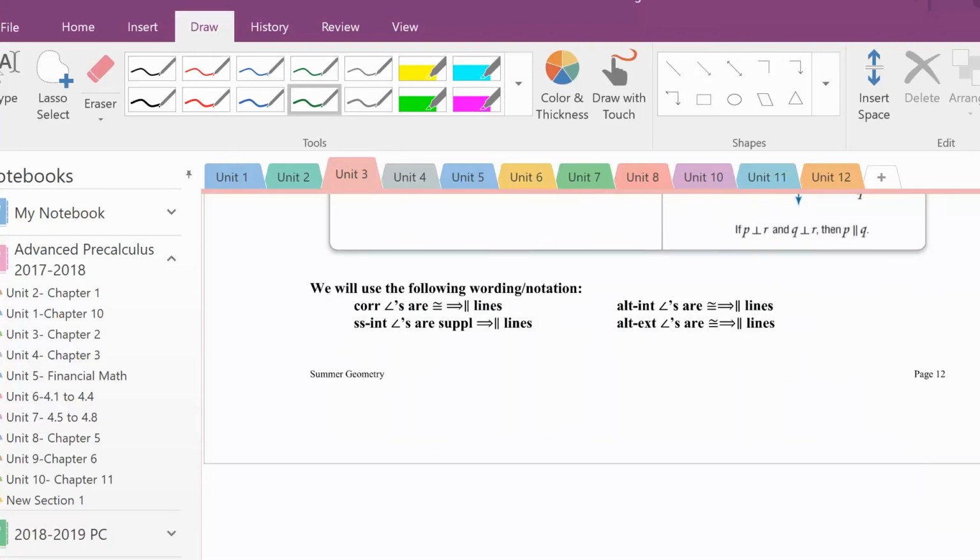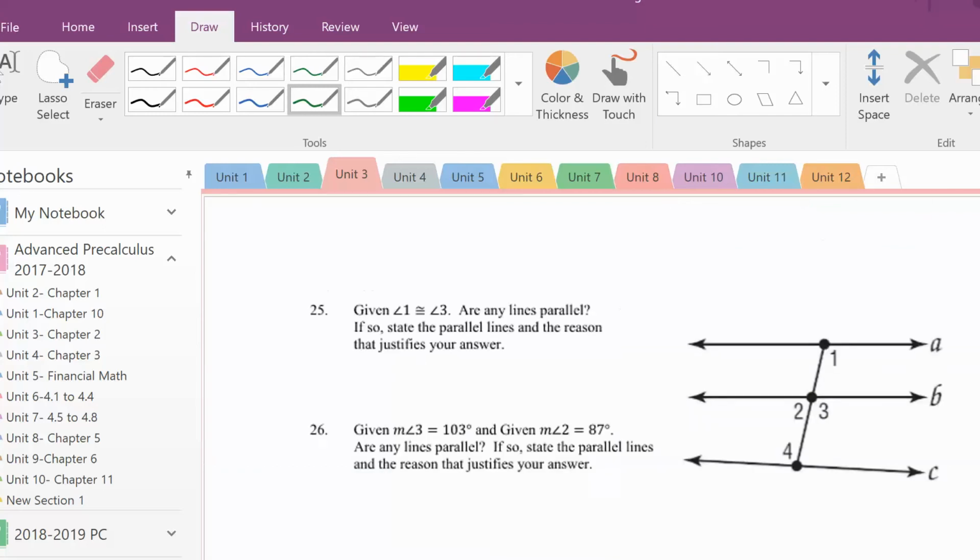So the following notation: corresponding angles are congruent, then the lines are parallel. Alternate interior angles are congruent, the lines are parallel. Alternate exterior angles are congruent, the lines are parallel. And if corresponding or same side interior angles are supplementary, then the lines are parallel.